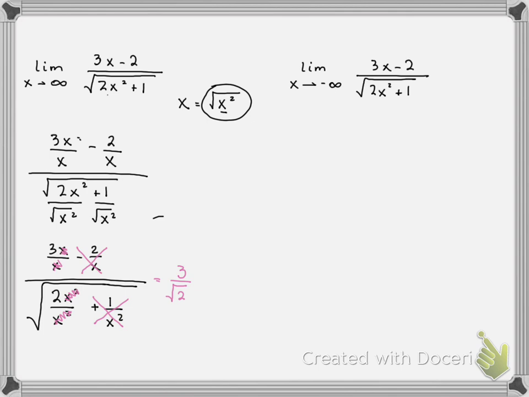Okay? Now, we could do the same thing. The only difference here is that we have negative infinity. So again, we are dividing by the highest power of x in the denominator. I'm just going to put everything under the radical.